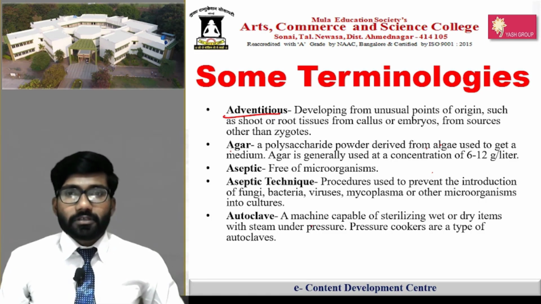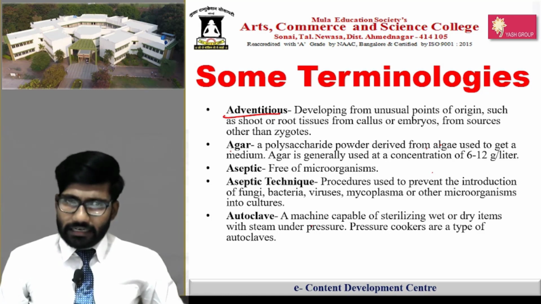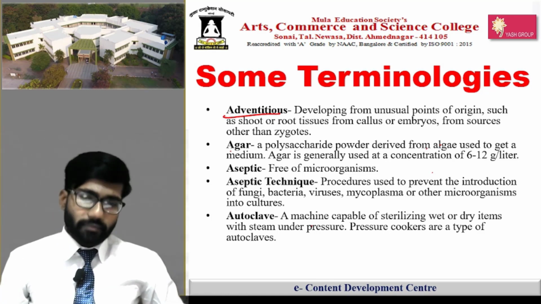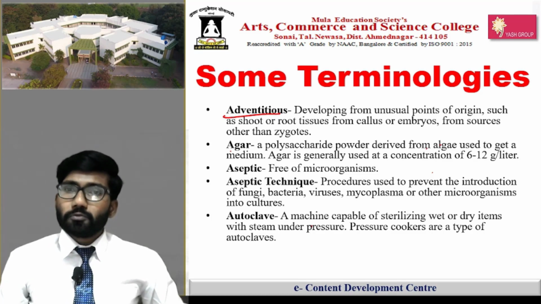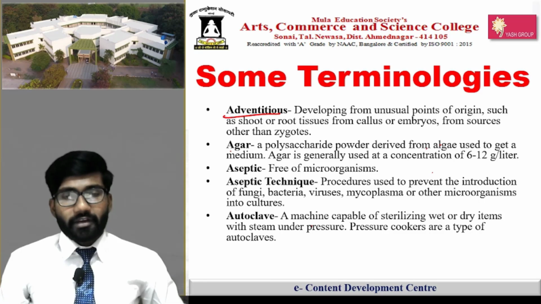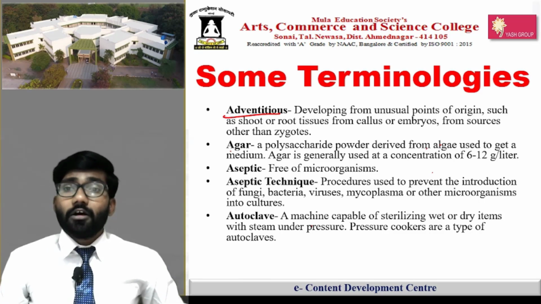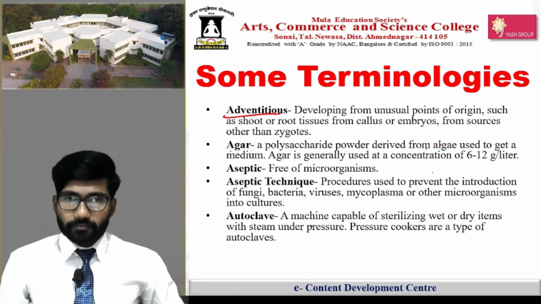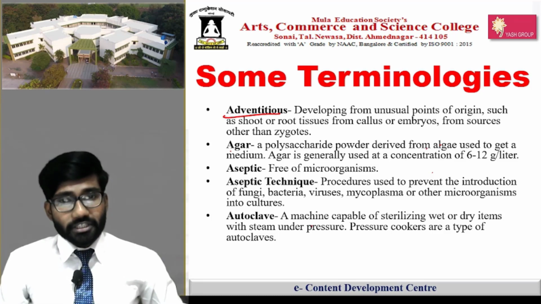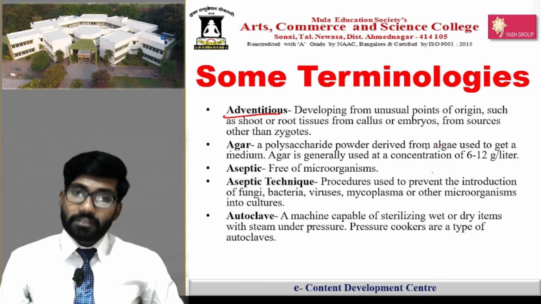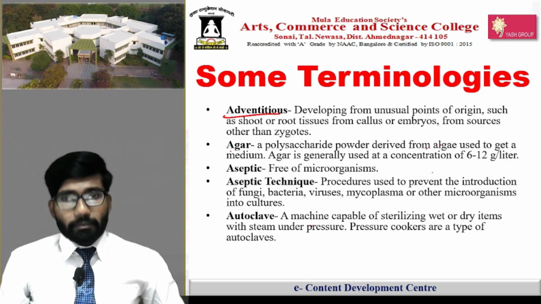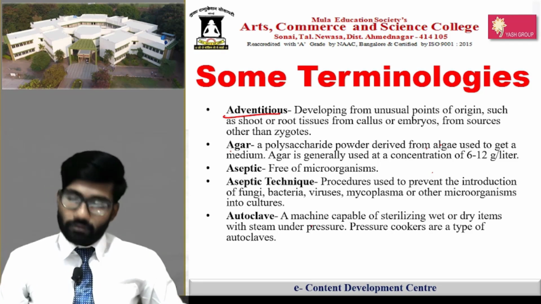It is generally used at a concentration of 6 to 12 gram per liter. Agar is the main solidifying agent in the medium. Next, aseptic technique means procedures used to prevent the introduction of fungi, bacteria, viruses, mycoplasma or other organisms into culture. Autoclave. An autoclave is a machine capable of sterilizing wet or dry items with steam under pressure. Pressure cookers are a type of autoclave.